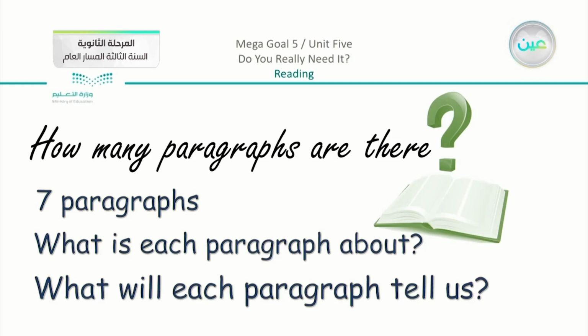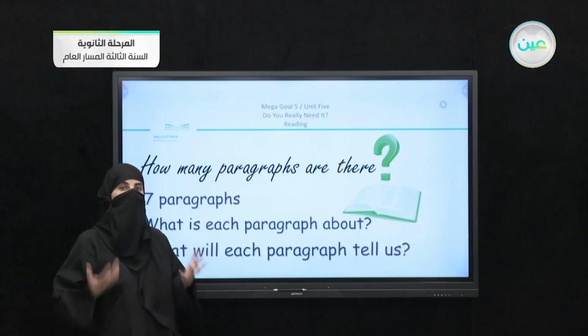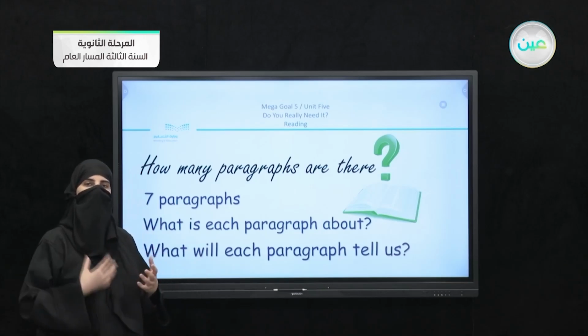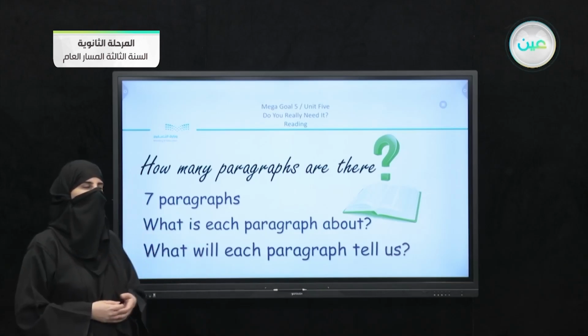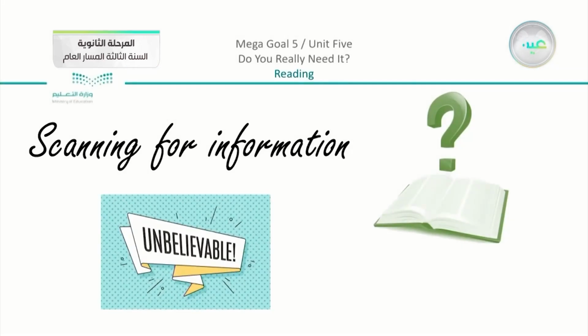So we are going to go through them one by one. We want the main topic and also if there is a question or information that we want. We are also going to see something that might actually be unbelievable as a fact.